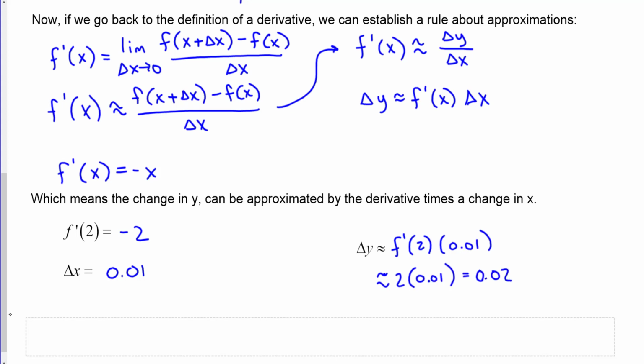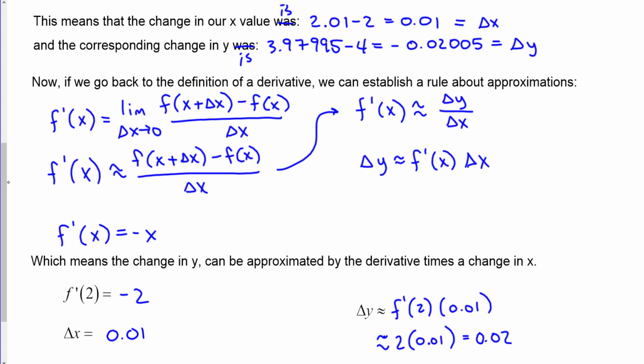So we've basically come up with a means of using the derivative to approximate the amount of change that would have occurred. And sorry, f prime of 2 was negative, so this is negative 2, and that's negative 0.02. So the change was decreasing. So we've come up with a way of approximating this change using the derivative.